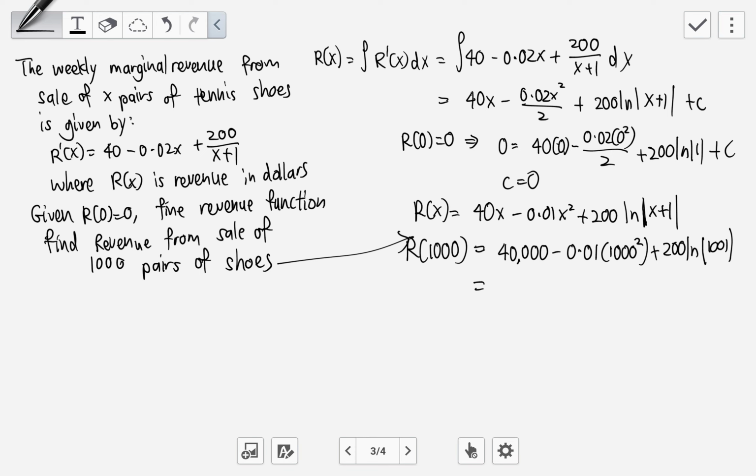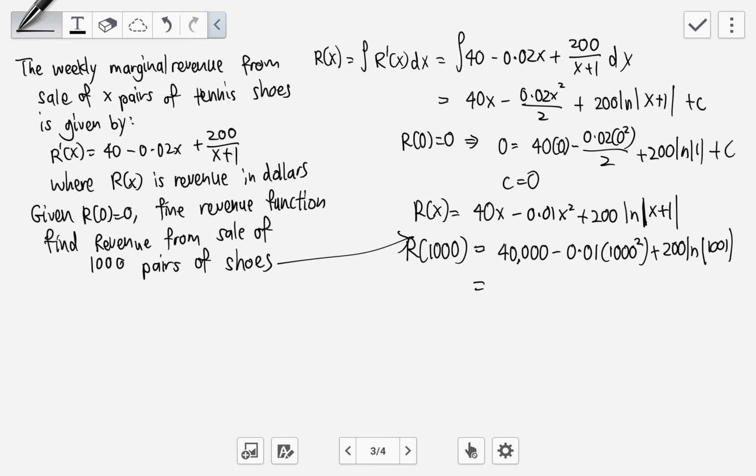So 40,000 minus 0.01 times 1,000 squared, plus 200 ln 1,001.